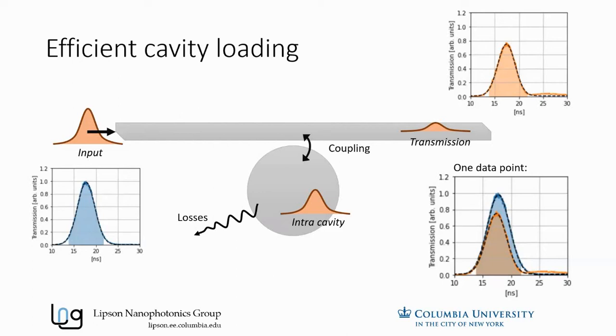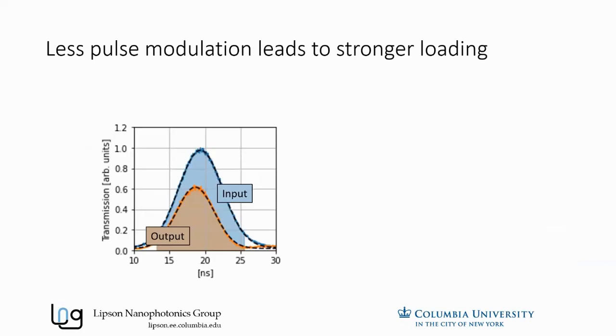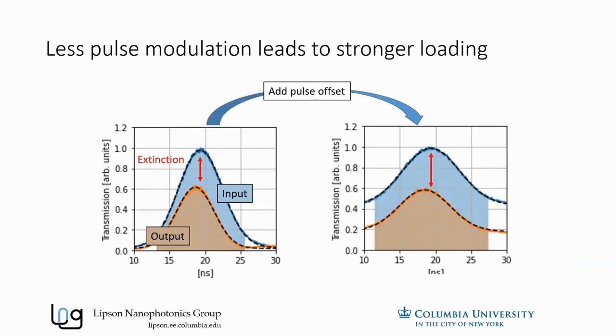What I'm going to show you today is that in such a scenario, where you look at the loading of your pulse into the cavity, you can obtain a better loading efficiency if you in fact supply your pulse with a CW offset, which amounts to basically modulating your pulse less, and you get more loading from it. And that's what I'm going to present to you now.